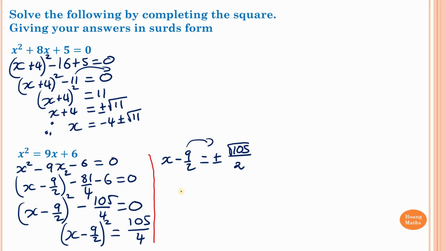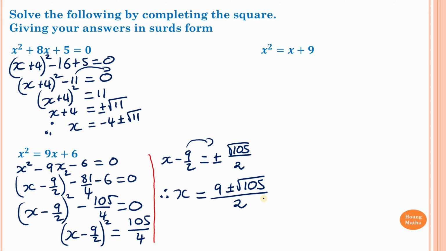So I move this to this side. So therefore, x is equal to 9 plus or minus the square root of 105, all over 2. That's the answer.